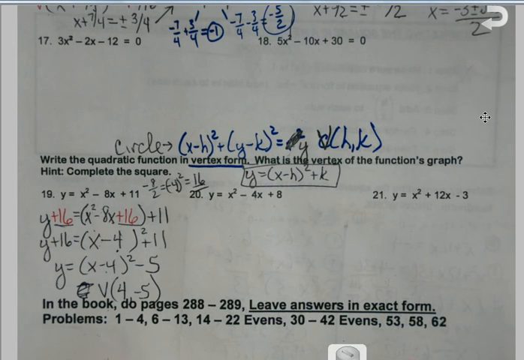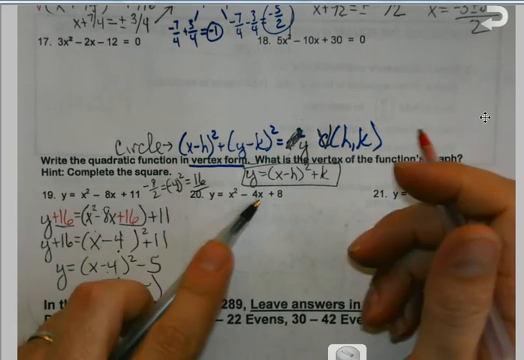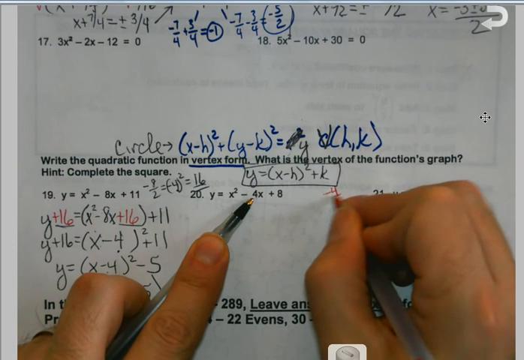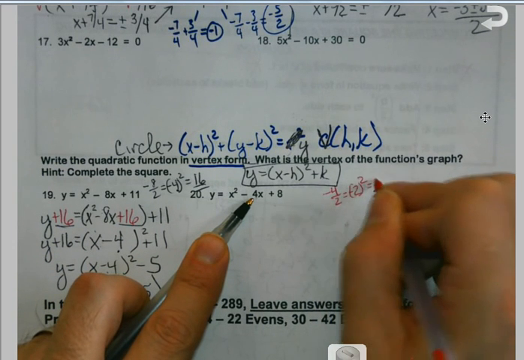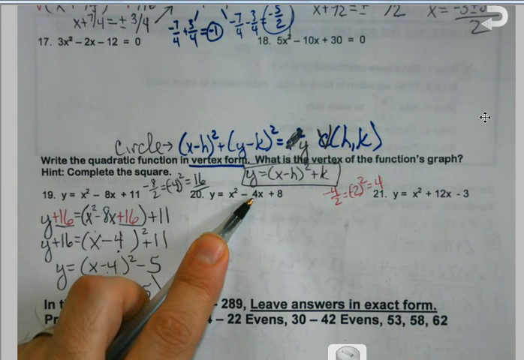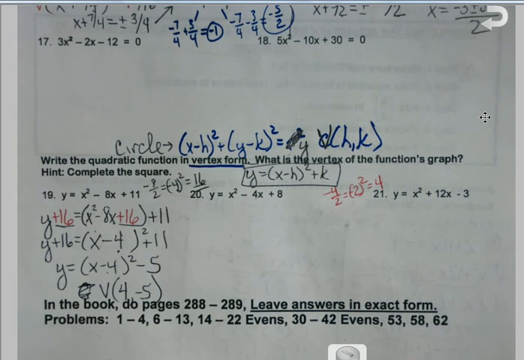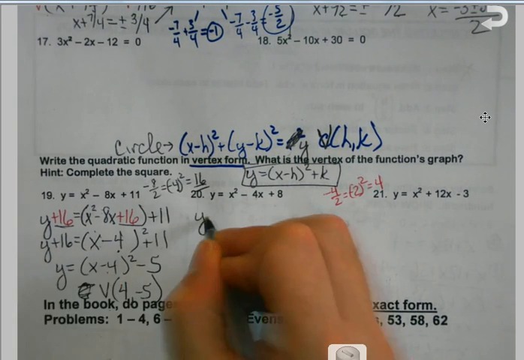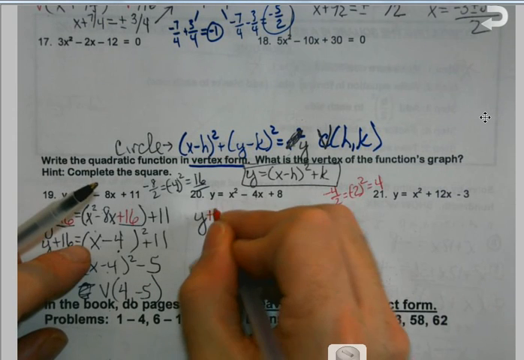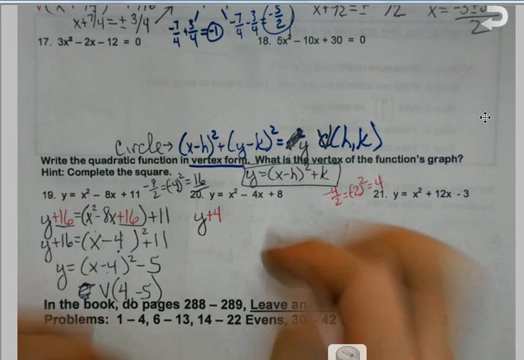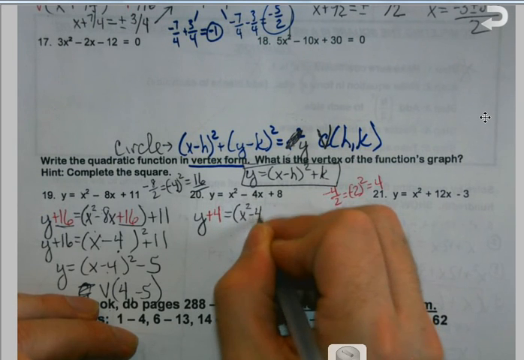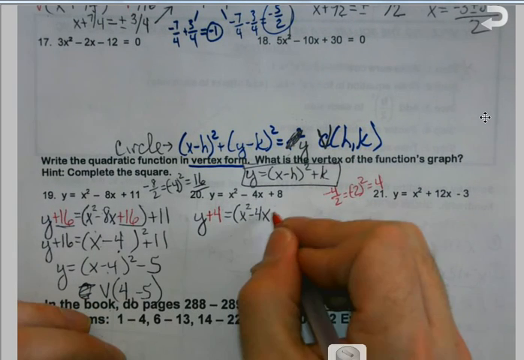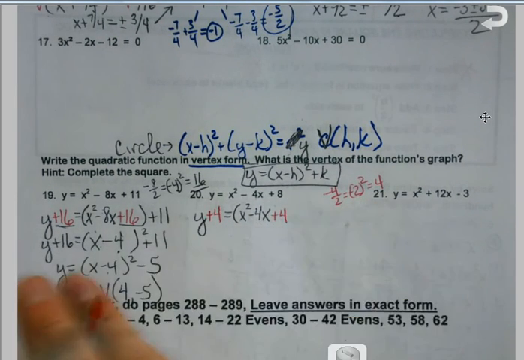So when I'm doing ones like this, again, I'm just going to keep taking whatever my b value is, divide it by 2, square that, and whatever that value is, I'm going to add it to my y side, and I'm going to blend it in with my isolated x terms.